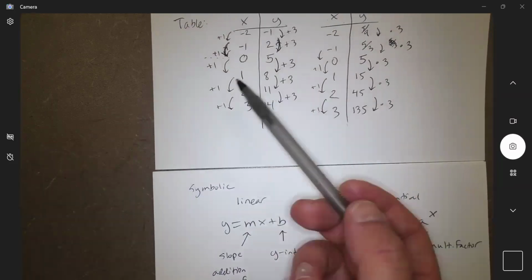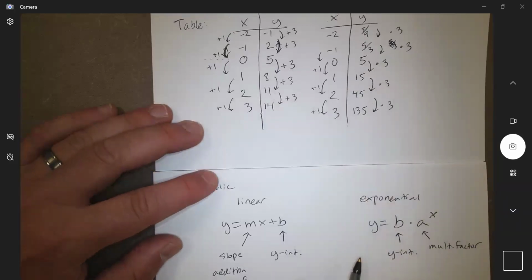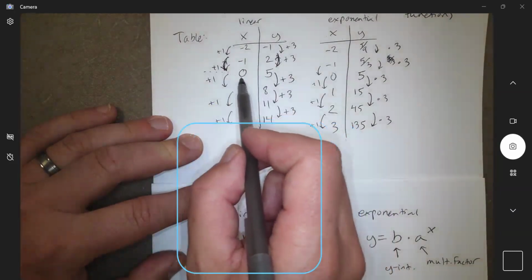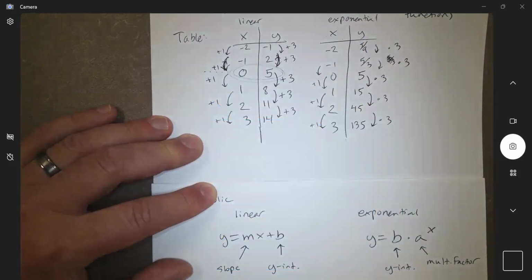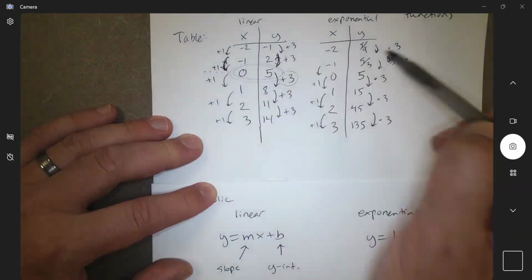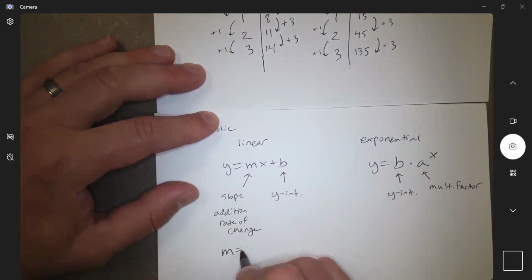So let's use these same functions here as we had in table form. Tables are really nice for identifying slope and intercept because there's our y-intercept right there, 0, 5. And our slope is the +3. So m equals 3, b equals 5, y equals 3x plus 5.